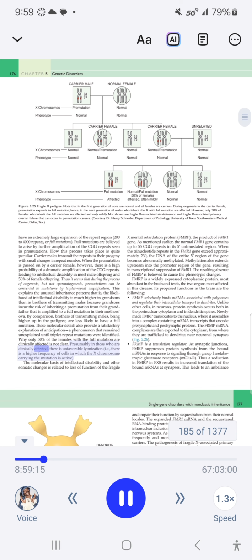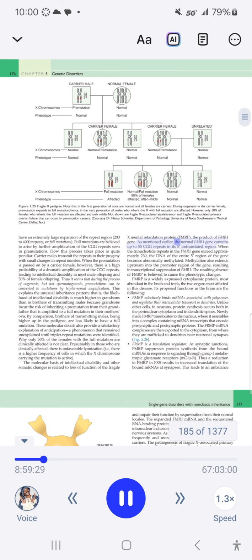Presumably in those who are clinically affected, there is unfavorable lyonization, that is, there is a higher frequency of cells in which the X chromosome carrying the mutation is active. The molecular basis of intellectual disability and other somatic changes is related to loss of function of the fragile X mental retardation protein, FMRP, the product of the FMR1 gene.